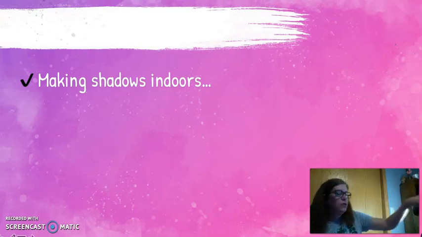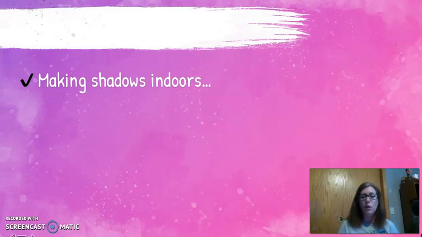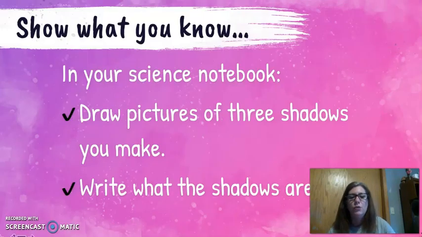So you can make your shadows either inside, or if you have an adult that can go with you outside, go ahead and do them outside and get some fresh air at the same time. I want you to use your science notebook and draw pictures of 3 of the shadows that you made, and then label them what they are.